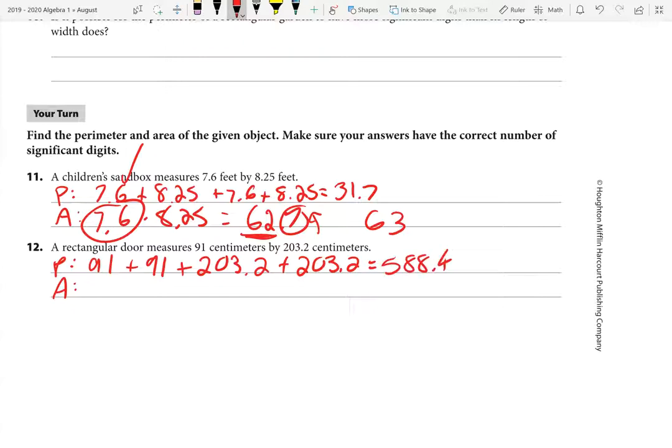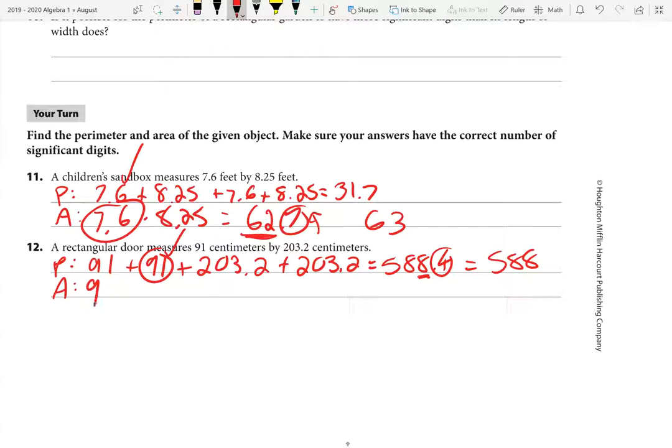Now the least precise number is 91, and 91 is rounded to the ones place, which means the answer here should be rounded to the ones place. So we take the next number and round up or down. 0.4 would round it down, so 588 will be our answer.